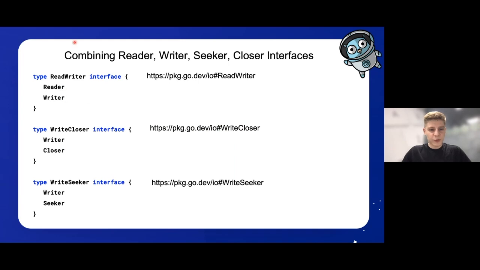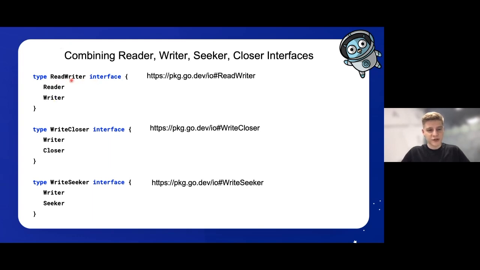Well, let's move on to the interesting thing, which shows how nicely the interface segregation principle is implemented in Golang. As you can see here, we have combinations of our interfaces, which we already covered, like Reader and Writer can be ReadWriter.